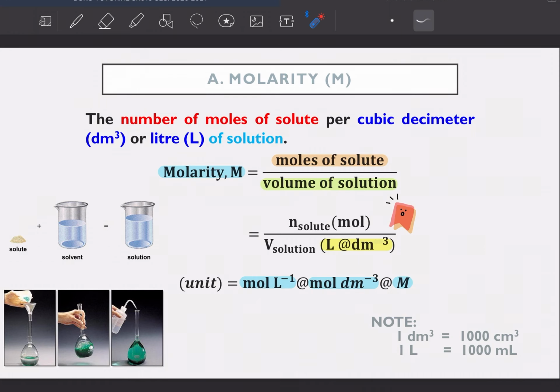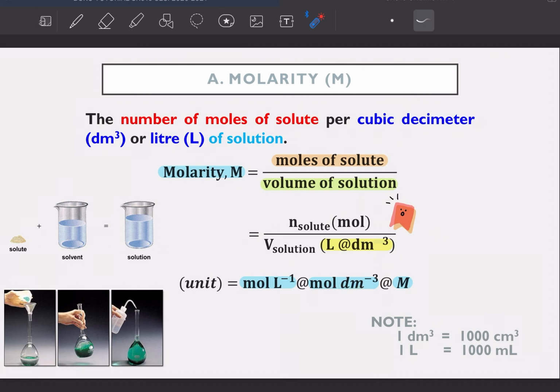Remember that your volume of solution must be in liter or dm cube. Make a correction here in your notes. If you printed it out, it is dm minus 3, so cancel out that minus. Bila dia kat bawah tu dia dm cube je, bila dia bawa naik atas dia jadi dm per dm cube.